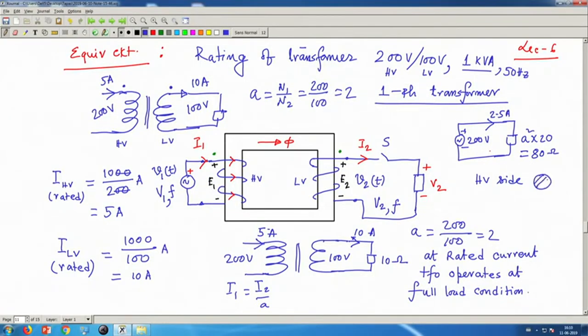I am just drawing symbolically. On the LV side, the conductor cross section will be less. Sorry, on the LV side it will be high, correct, because the LV side conductor carries more current.